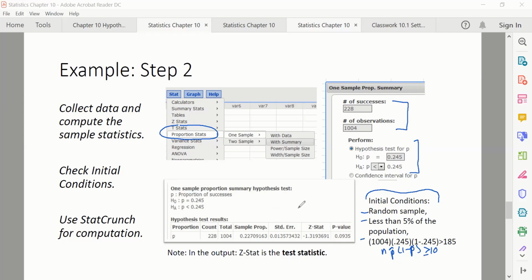So here's our data. When we click compute, we get a test statistic, which is a z-stat. And we get a p-value of 0.09. That's not less than the 0.01 we had asked for.